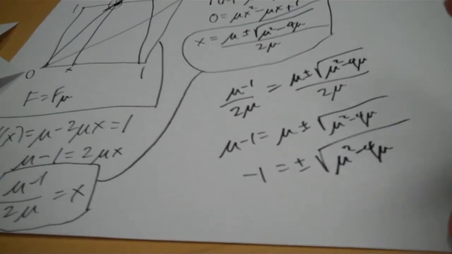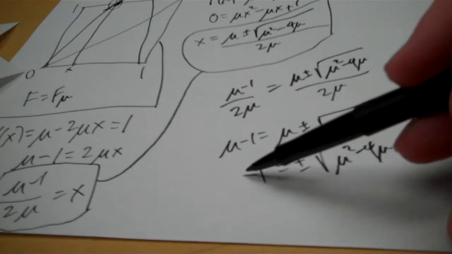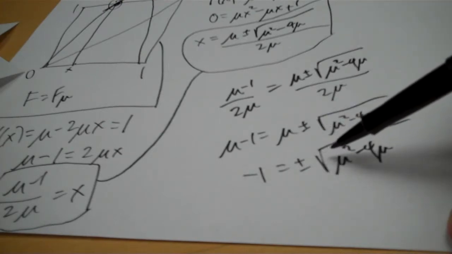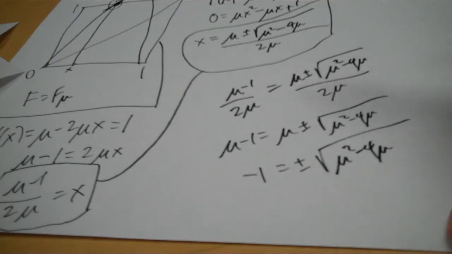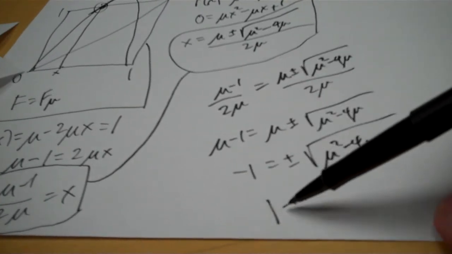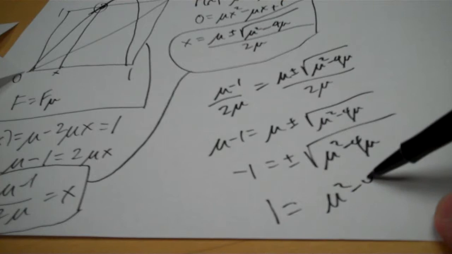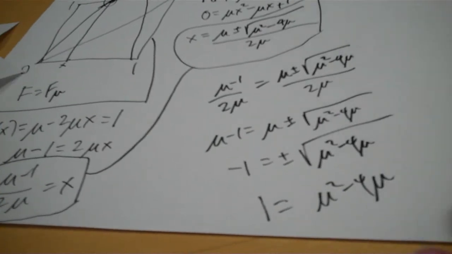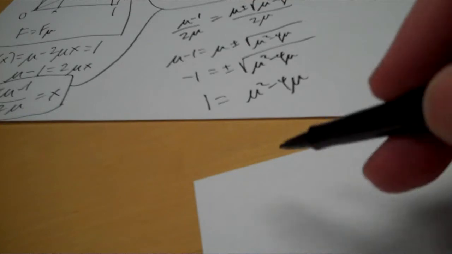Then you square both sides to get rid of the square root. You get 1, and over here you get mu squared minus 4 mu. And you go, all right, maybe that means more quadratic, right?